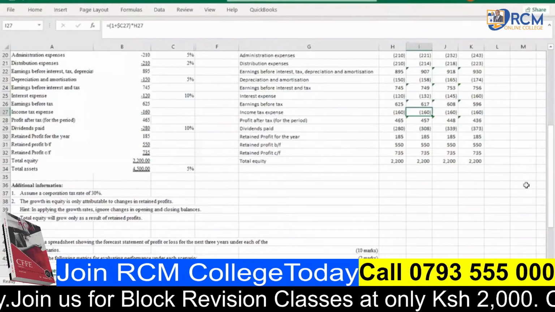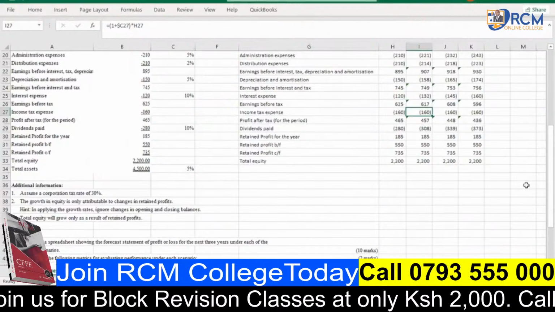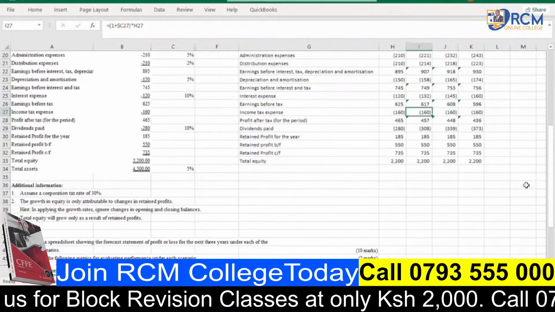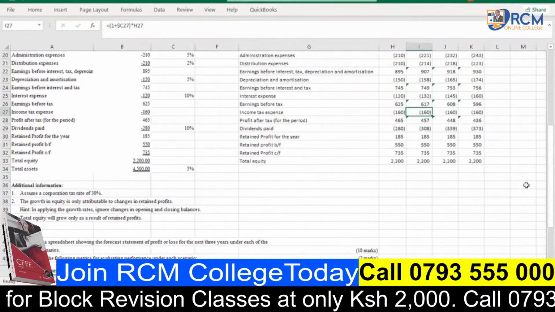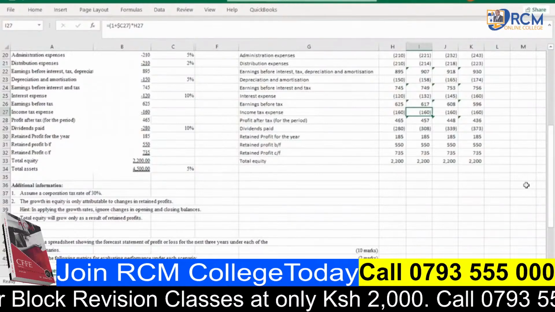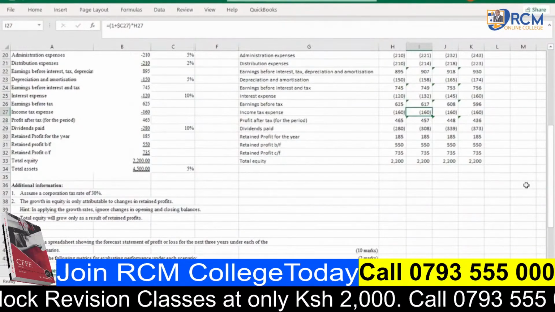Let me see what these people are giving me. For 2023, it is 30% of 617. Then drag formula right. Okay, that is Clifford. Someone else. Sasa hatutasonga before you tell me that, because when you're going to deal with retained earnings, we are going to meet some complex things.